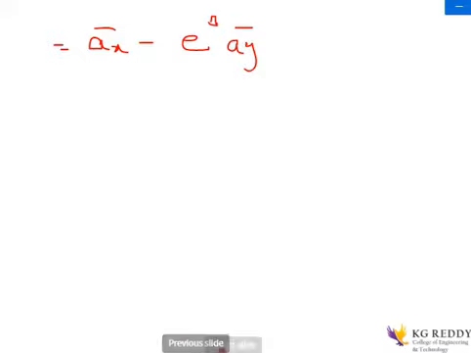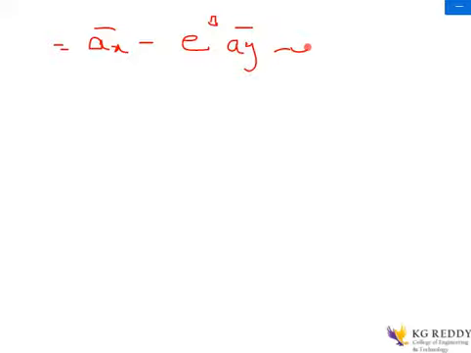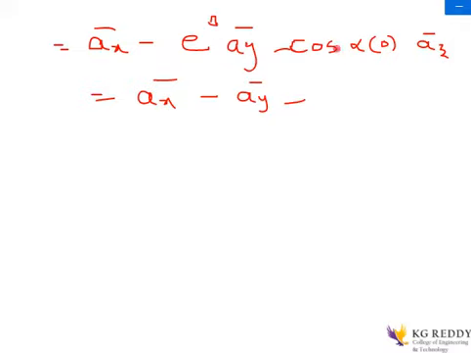So next minus cos α into 0, finally into az. So what is cos 0? Cos 0 will become 1. So this equation will become ax bar minus, e^0 will become 1, so it is ay bar minus, cos 0 is equal to 1, so it will become az bar. So this is curl of H bar.